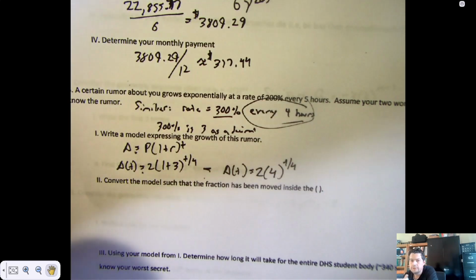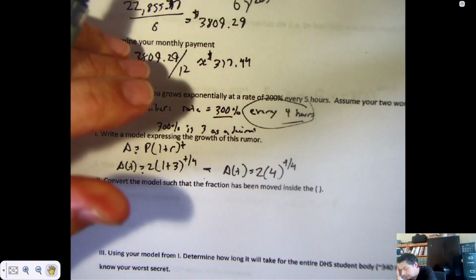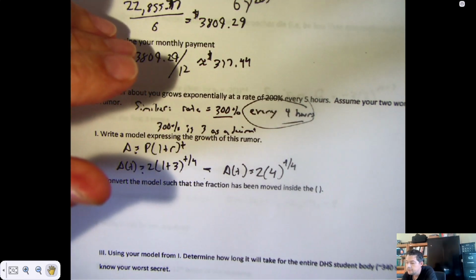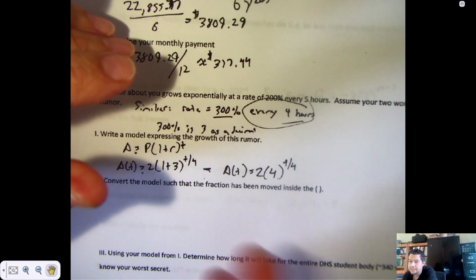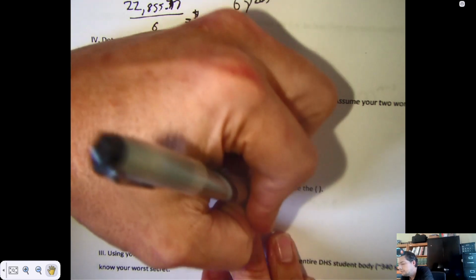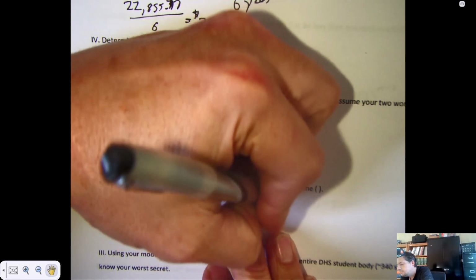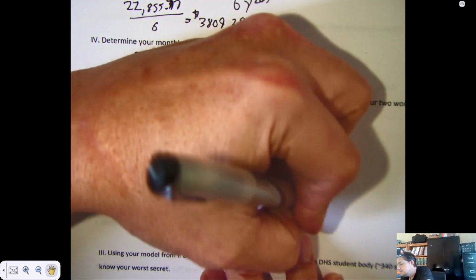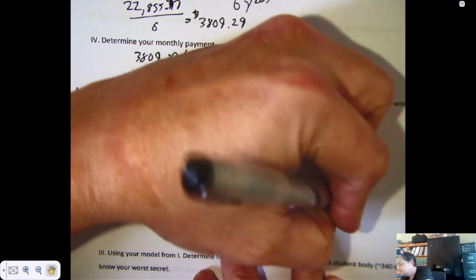And don't you be that kid who does 2 times 4. Now it says, convert the model such that the fraction has been moved inside the parentheses. This is turning it into an hourly model. This changes t into periods of 1 hour.